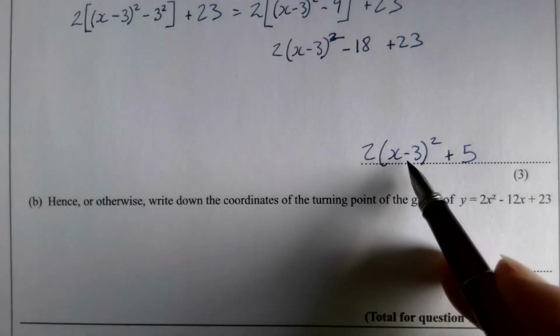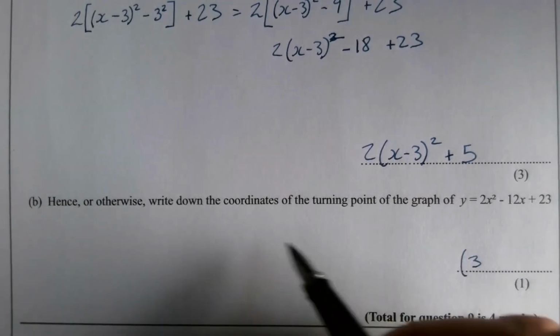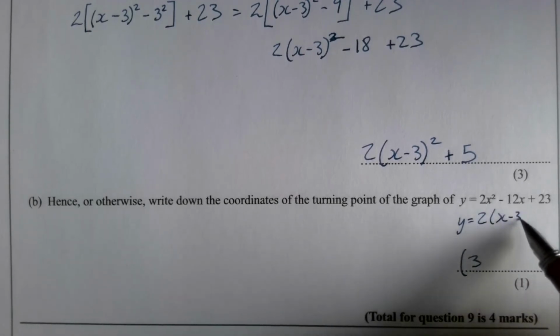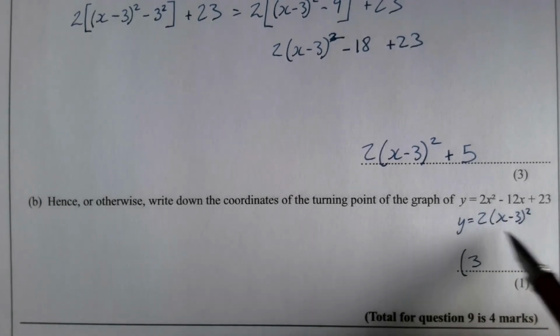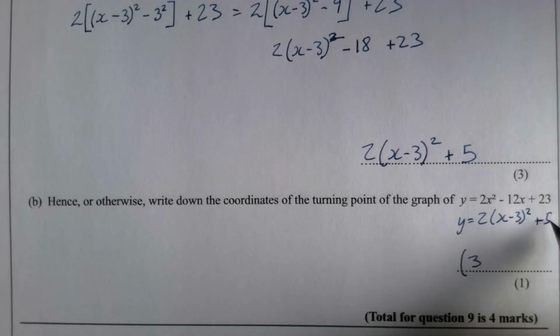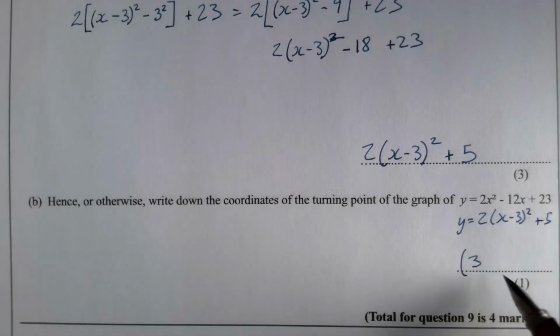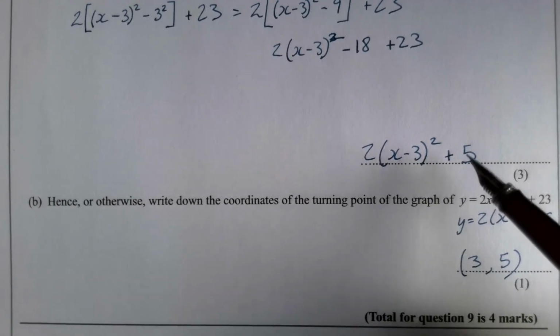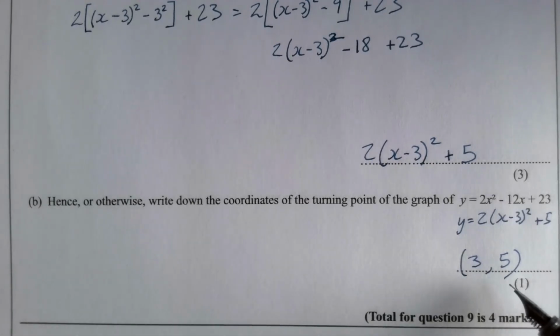And this is being doubled, but this isn't. So if we had y equals (x take 3) all squared, when that's all 0, that's going to be our value of y, 5. So it's (3, 5). So if you've got there and you've got this from before, then that's an easy final mark.